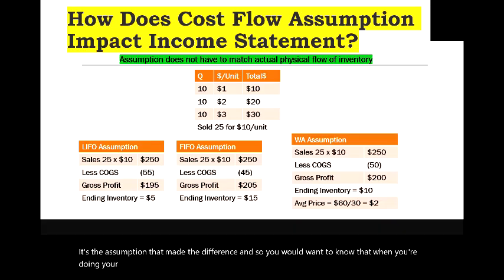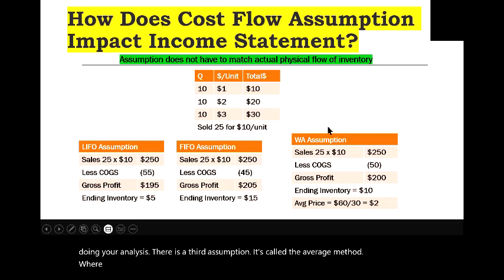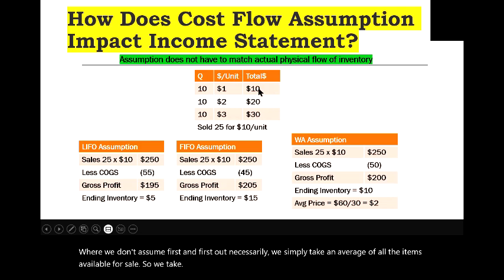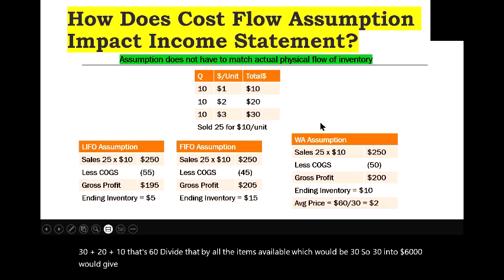There's a third assumption. It's called the weighted average method, where we don't assume first in, first out necessarily. We simply take an average of all the items available for sale. So we take 30 plus 20 plus 10, that's 60. Divide that by all the items available, which would be 30. So 30 into $60 would give us $2 per unit.